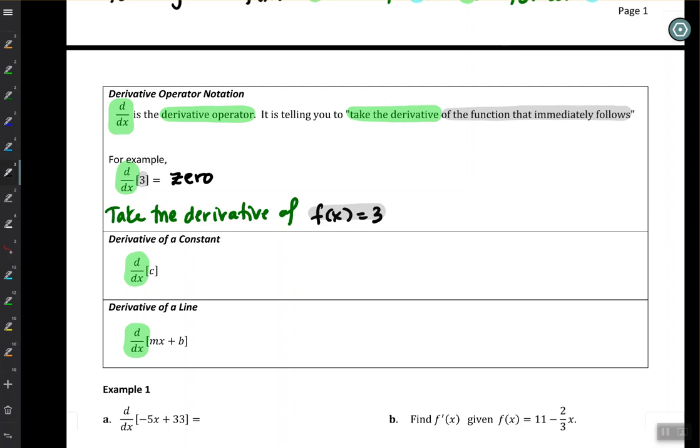Maybe I even just write that. The slope of a horizontal line is 0. That's true for any horizontal line, not just y equals 3. The derivative of any constant, right? A constant just means a number. C is a number.